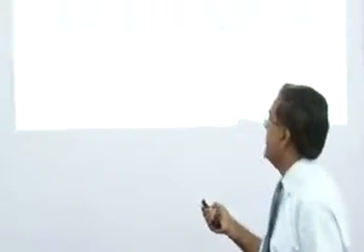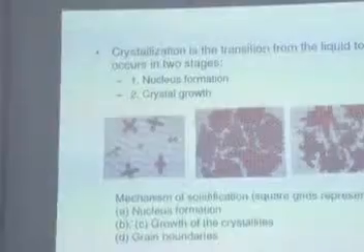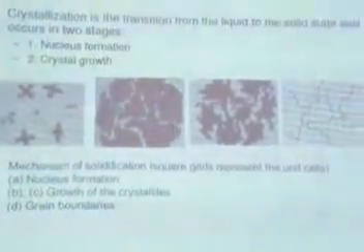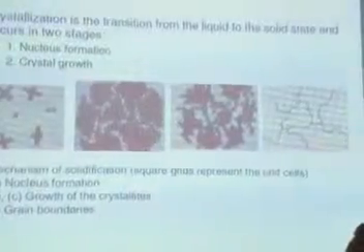To understand the mechanics of solidification, one can see here the red square grid, where each square of the grid represents a unit cell. In A there is a nucleus formation, then in B and C it is the growth of the crystal. You can see here more crystals are formed, and third, because of the growth, boundaries are created.